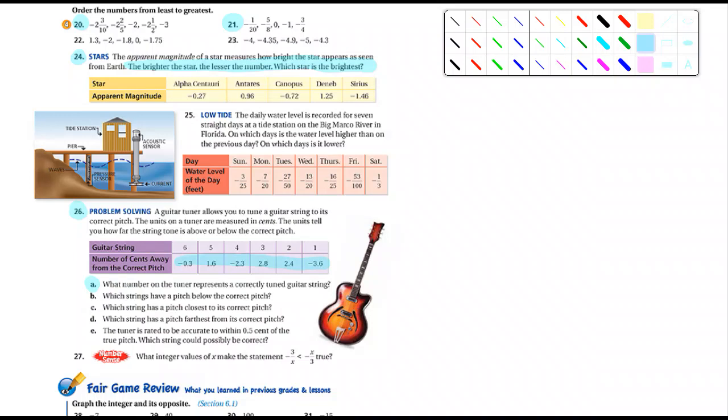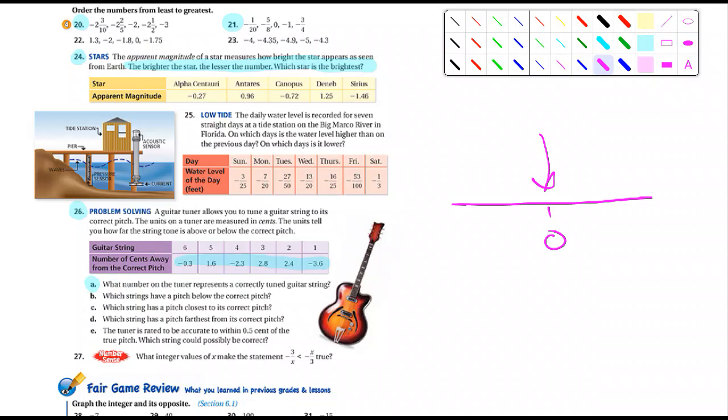That one's confusing. Let's see here. What number on the tuner represents a correctly tuned guitar string? I'm kind of thinking the smaller the number, like 6, the more accurate it is. Negative 1, 3. So think of it this way. This is a perfectly tuned guitar at 0.